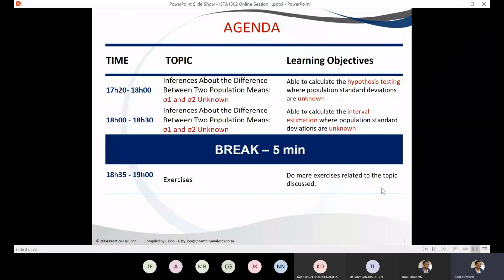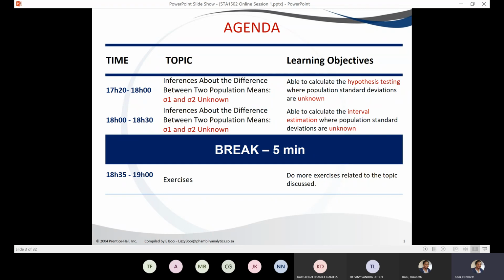Okay, so today, since we started 10 minutes later than the time actually, in the next 20 or 30 minutes or so, we're going to look at the inferences about the difference between two population means, looking at when the variances of those populations are unknown.